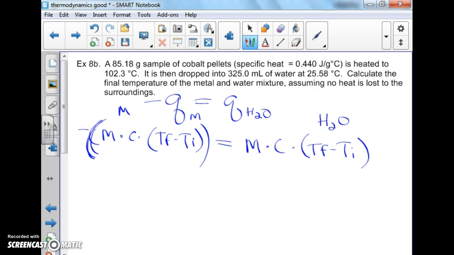It really wouldn't matter which side I made which. I could switch the QH2O and the QM, as long as I have the negative with the metal, because it's a warmer substance, so it's going to transfer heat to the cooler substance. Now, I'm going to leave my negative out here for now; we'll deal with that later.